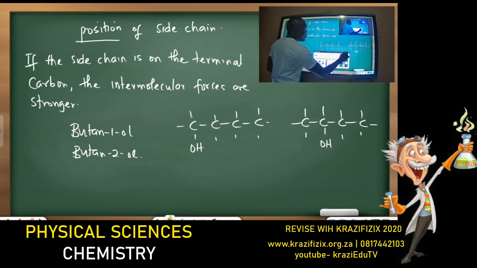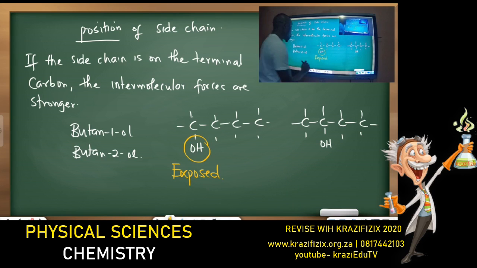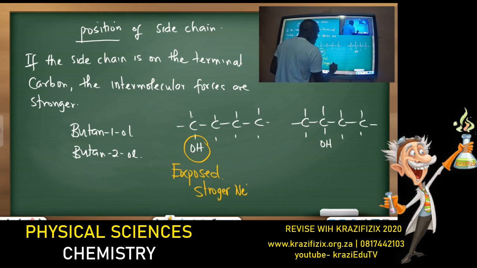We are exposing this bond. This bond is exposed, which makes this stronger. This is exposed, so this one would have a stronger net intermolecular force, and therefore a higher boiling point.